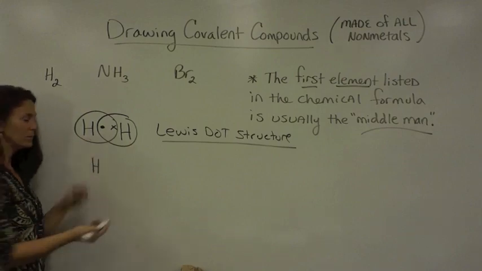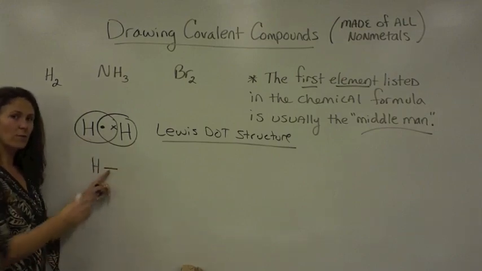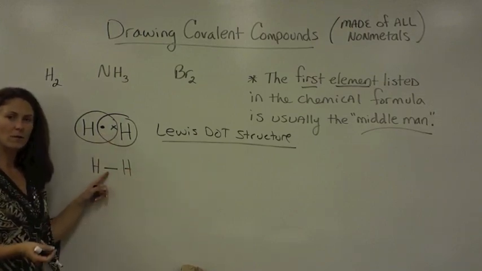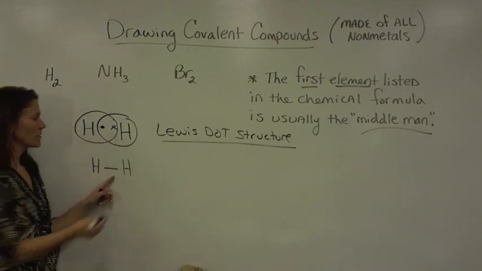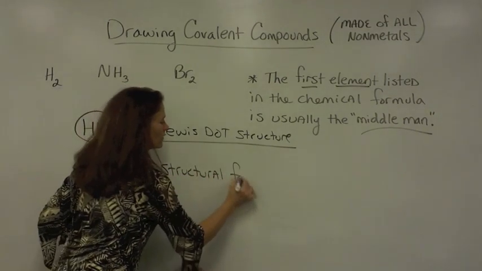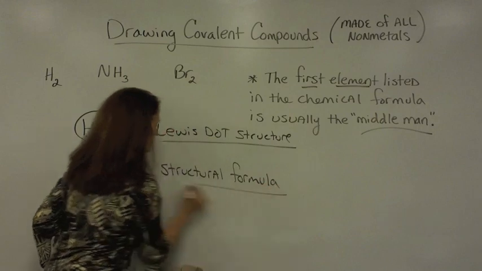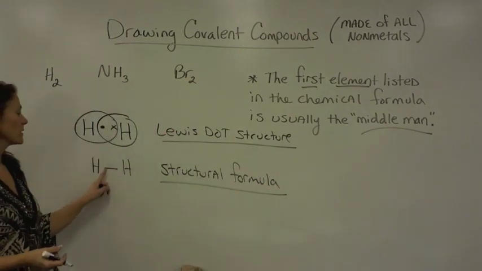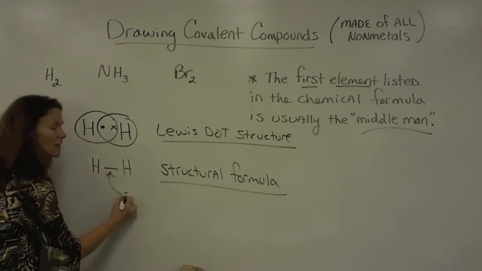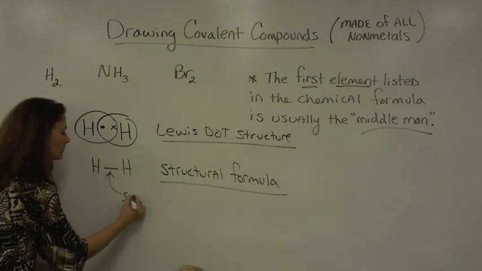We're going to have the element symbol. We're going to use a dash to represent the 2 electrons that are in that bond, and then the other atom. So the structural formula will use a dash to represent the electrons that are in the bond, and that's called a single covalent bond.